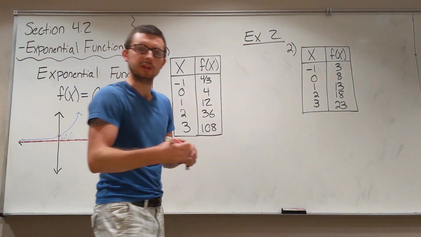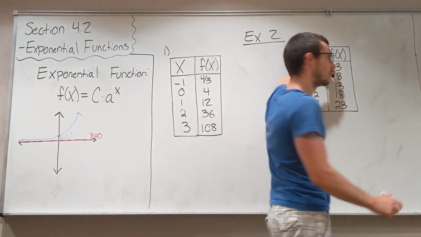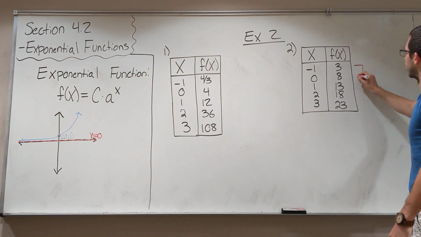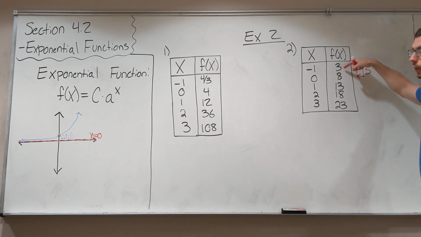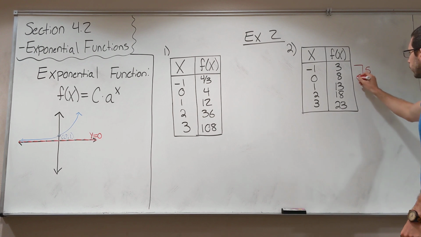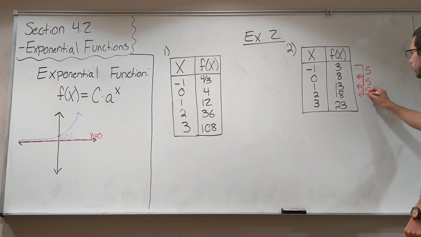What we did was determine the differences between the y values. What's the difference between 3 and 8? That's a difference of positive 5. If we go from 8 to 13, that's a difference of, guess what, 5. And if you keep going, you're going to keep getting 5.